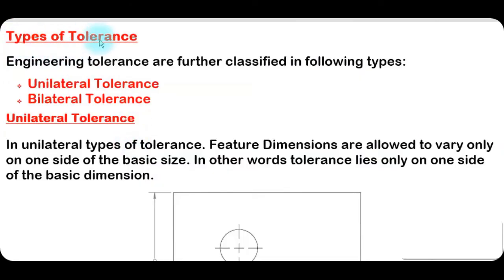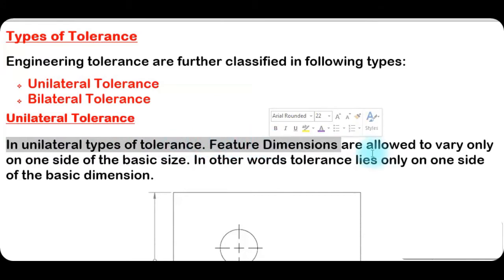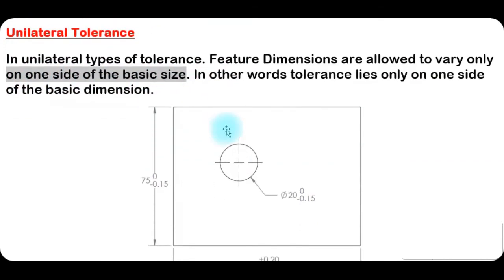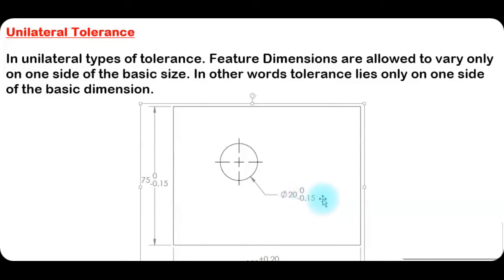And now types of tolerance. Engineering tolerance is further classified into the following types. First is unilateral tolerance, second is bilateral tolerance. Unilateral tolerance. In the unilateral tolerance type, feature dimensions are allowed to vary only on one side of the basic size, in other words, tolerance lies only on one side of the basic dimension.